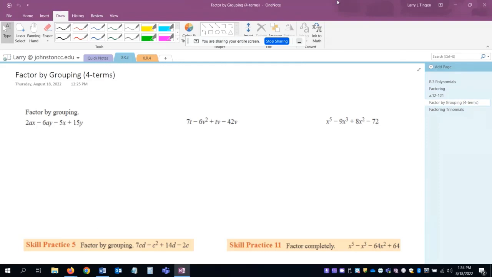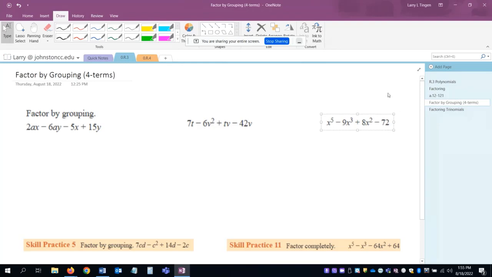Factor by grouping is for the cases where you have 4 terms. And what you do is you just isolate 2 terms together. The middle grouping does something a little funny, so we're going to do that one last.